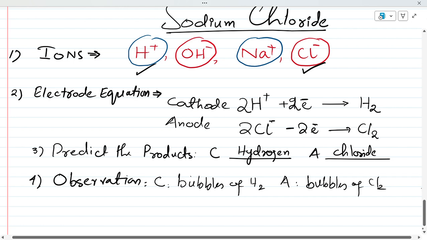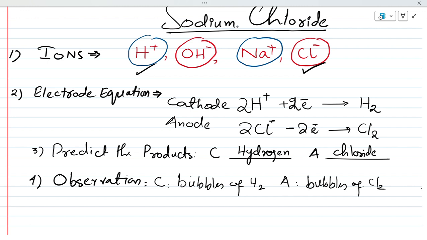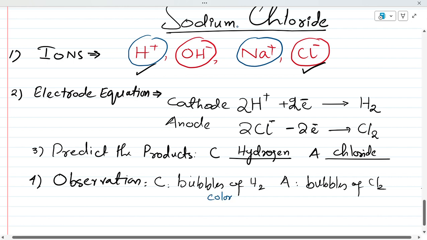If you can further specify, you can also add the colors. Hydrogen and oxygen are colorless gases, so bubbles of colorless gas seen. And chlorine is a yellow-green gas. So we can also add the observation in this way.